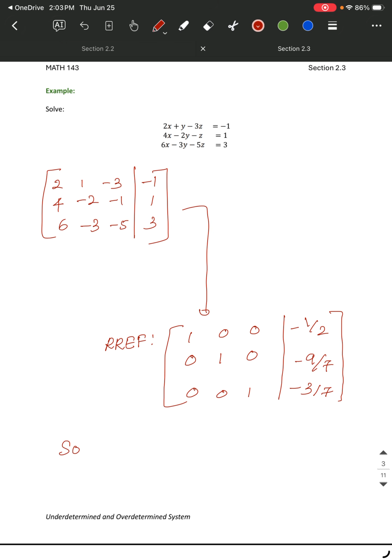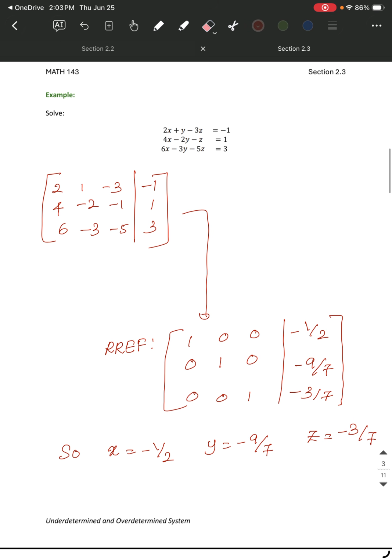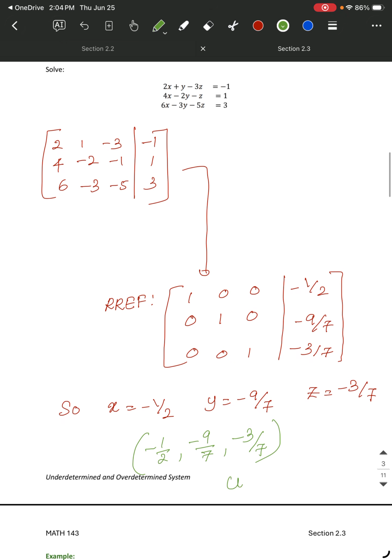So, we can write x equals negative 1/2, y equals negative 9/7, z equals negative 3/7. The final answer is negative 1/2, negative 9/7, negative 3/7, a unique solution.